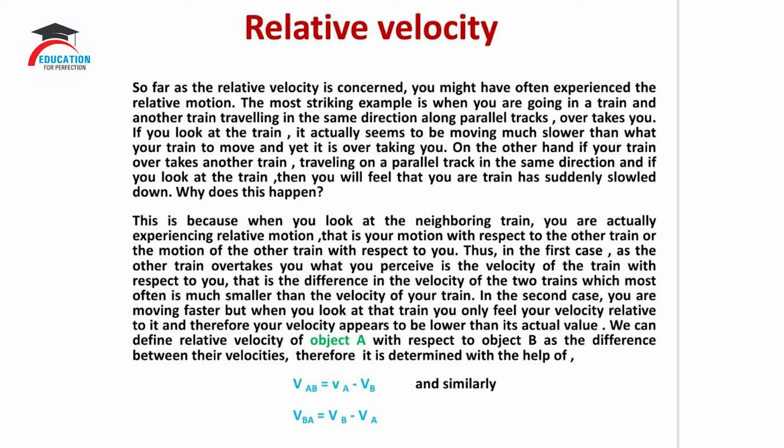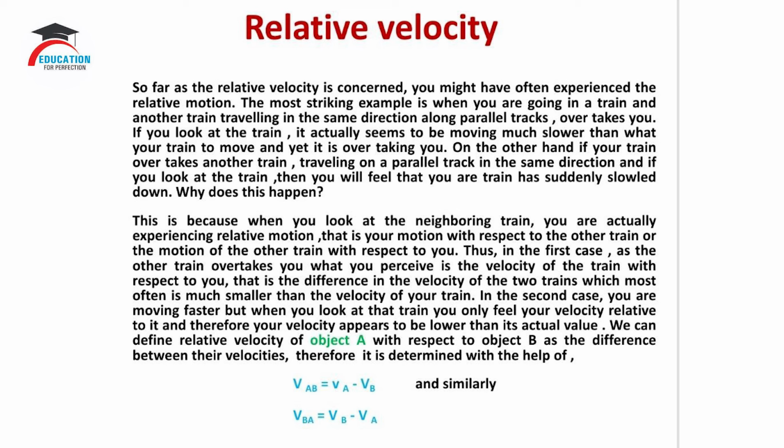If you look at that train, it actually seems to be moving much slower than what you are used to, and yet it is overtaking you. On the other hand, if your train overtakes another train traveling on a parallel track in the same direction, and if you look at that train, then you will feel that your train has suddenly slowed down.